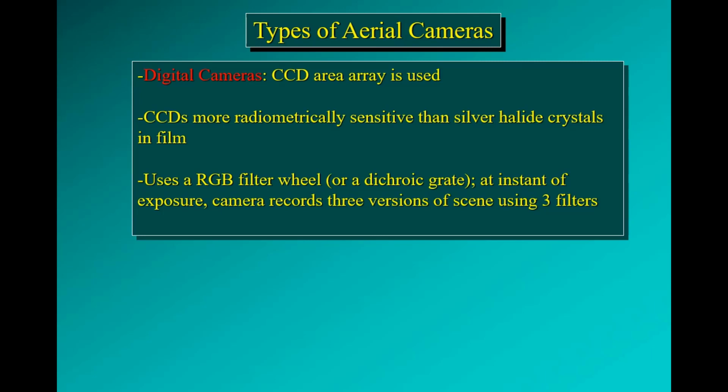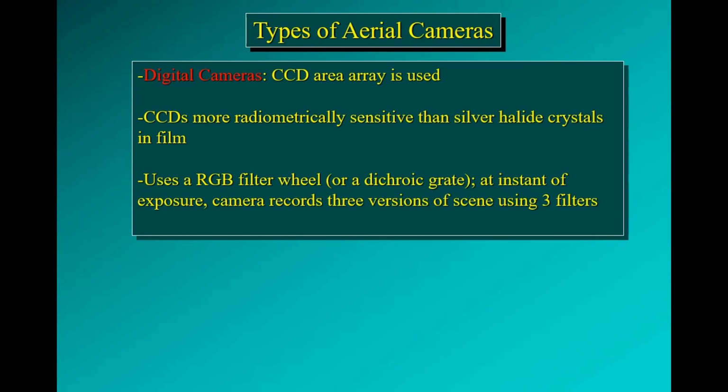CCDs, one advantage of them is that they are more radiometrically sensitive than silver halide crystals that we have within film emulsions. Again, those are the light sensitive grains within film emulsions of analog camera systems. So if they're more radiometrically sensitive, we can potentially see greater variability in terms of the albedos and reflective properties of various Earth surface materials in a digital image versus a film-based image.